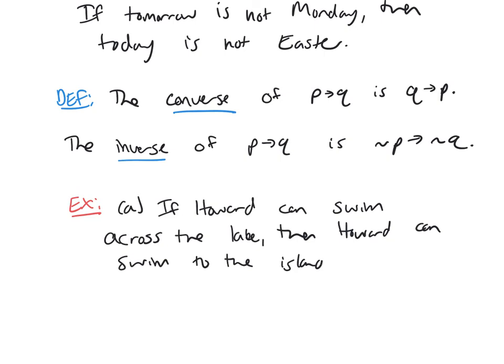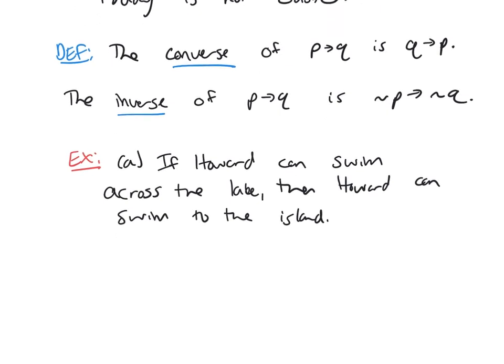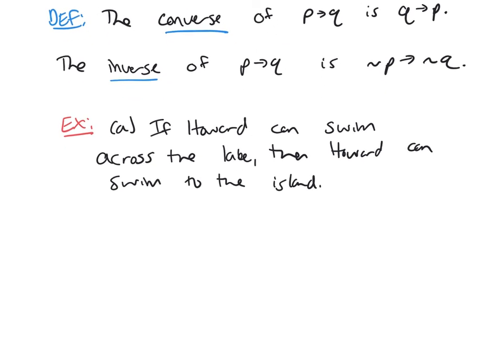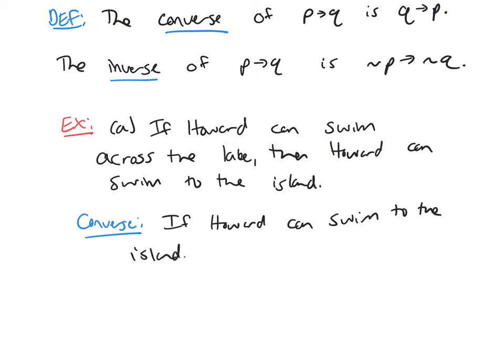And we want to find the converse and inverse of this. So a converse means you just flip the order. So if Howard can swim to the island, then Howard can swim across the lake.